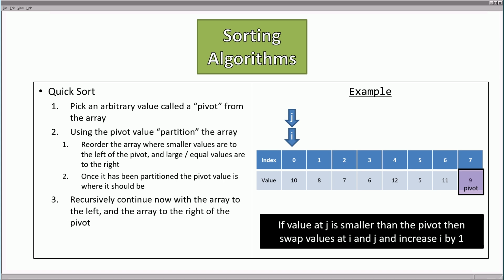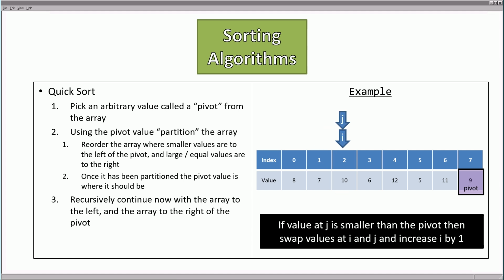So starting out with this example, 10 is not less than 9, we move j forward. Now 8 is less than 9, so we swap the values found at i and j, which end up looking like that. Now we increase the i, so it looks like this. Moving this forward, 7 is less than 9, which means once again we have to swap the values at i and j, so now it looks like this.